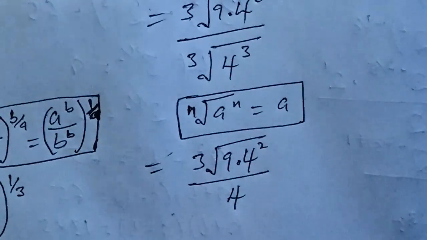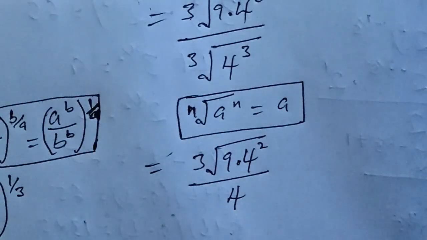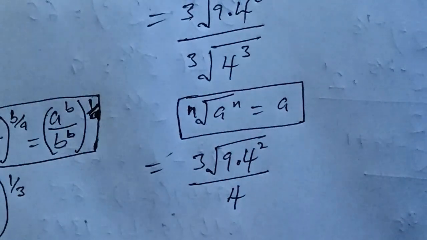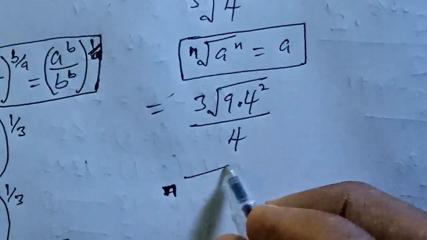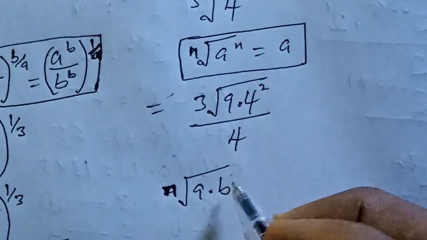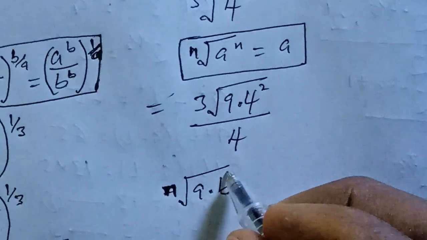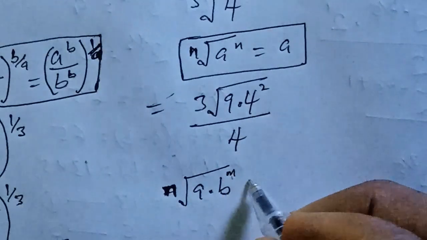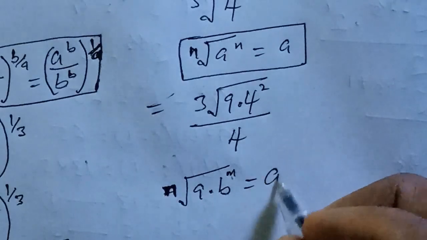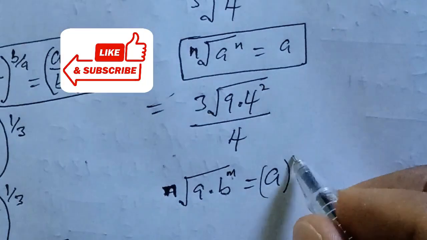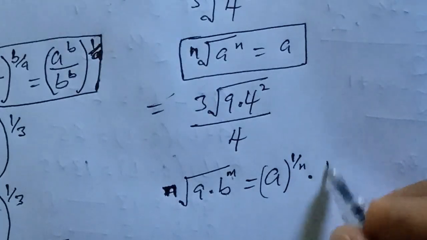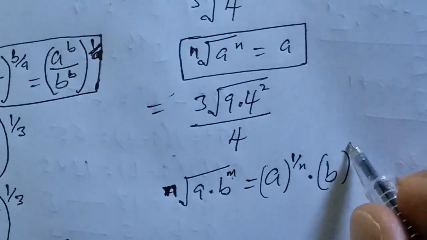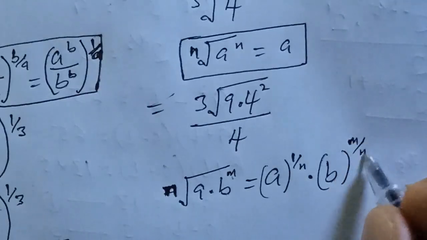Then from here, we consider this identity: the nth root of A multiplied by B raised to power m, we can write that as A in brackets to the nth root multiplied by B in brackets raised to power m over n.